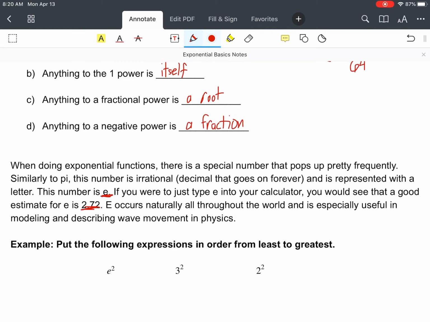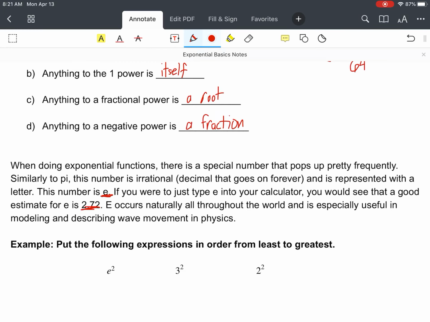Now, what e is it is a number that occurs in the world, okay? It has a lot to do with physics and wave movement, wavelength, all of that stuff, which means it has a lot to do with like music also. All right.